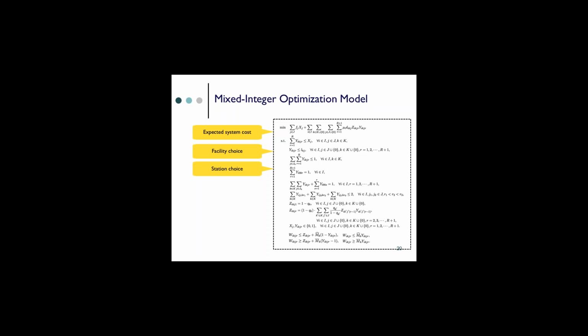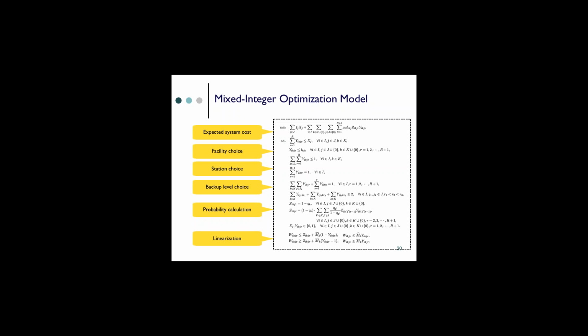And we have some other constraints, say, related to the stations, the backup levels, and the probabilities of the assignment. And since we notice that we have nonlinear terms in the model, we develop a linearization constraint to transfer the model into a linear mixed integer mathematical model.